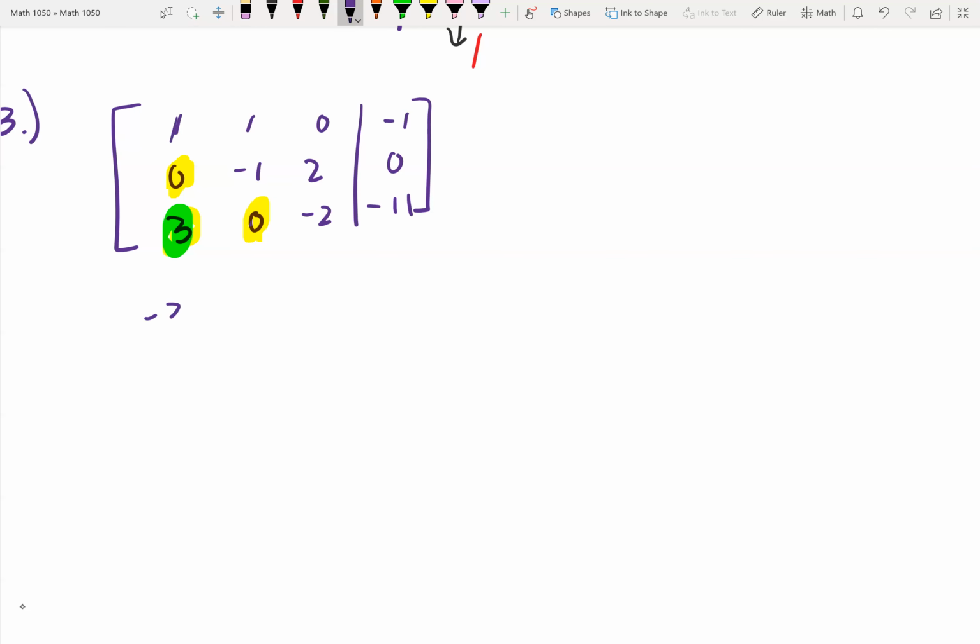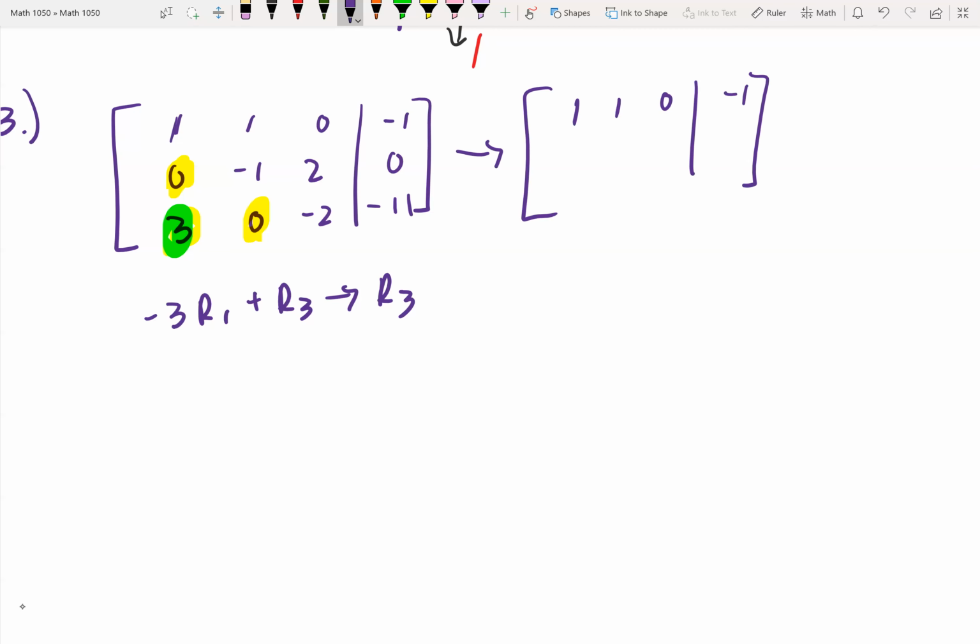So I'm just going to go -3 times row 1 plus row 3 becomes my new row 3. So row 1 doesn't change. Row 2 doesn't change. -3 across the top, I have -3, -3, 0, 3. Write row 3 underneath it.